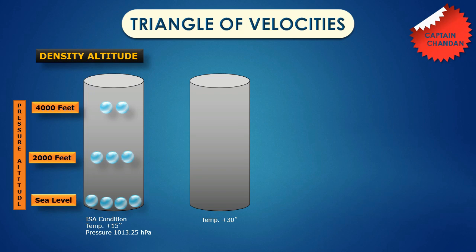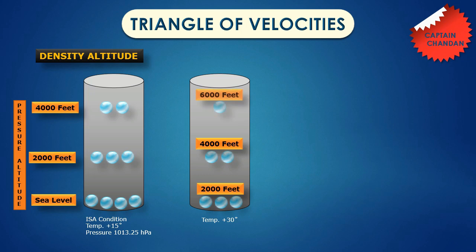If the temperature increases, density decreases. So now the density will decrease: at sea level only 3 density molecules. If you look at the first column, that 3 corresponds to 2000 feet. So if you are at sea level, your aircraft will feel that it is at 2000 feet density altitude. Now if you climb to 2000 feet, the aircraft will feel it is at 4000 feet, so density altitude will be 4000 feet, even though your pressure altitude is 2000 feet.